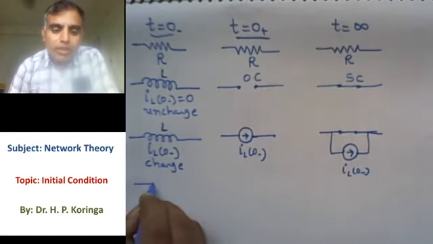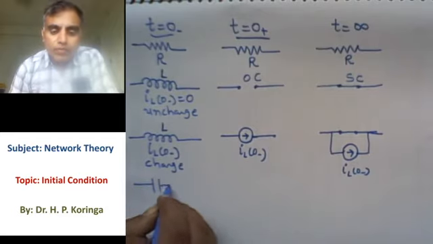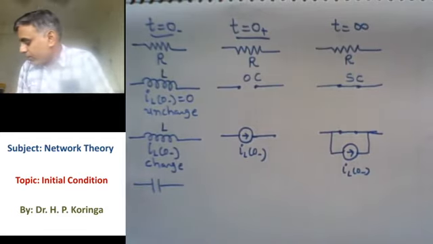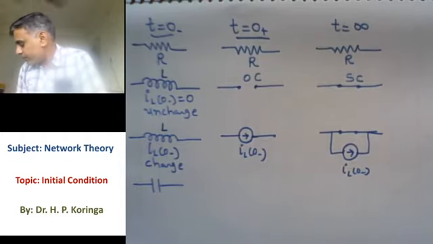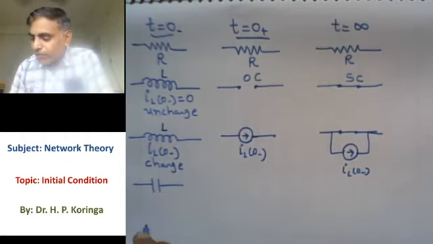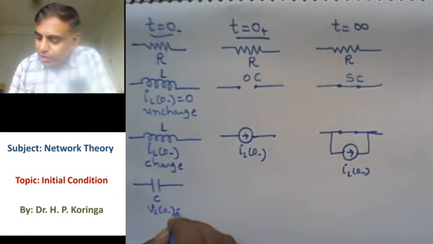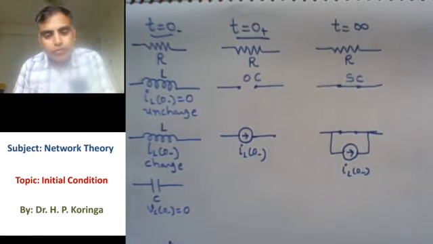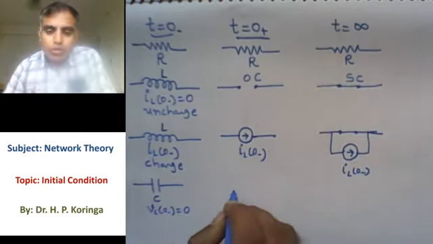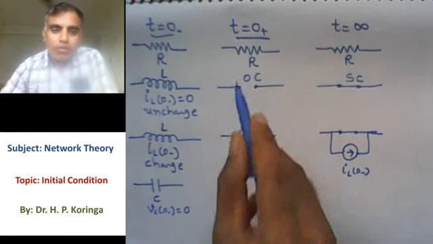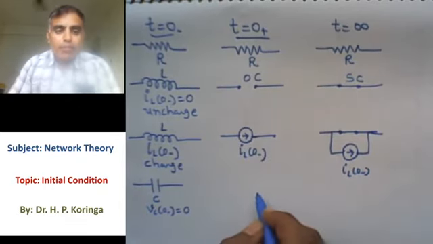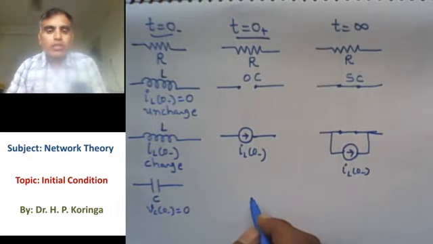Similarly for the capacitor, if any uncharged capacitor, meaning the voltage across the capacitor Vc of 0 minus is 0. So for an uncharged capacitor at t equal to 0 plus time, we know the capacitor does not allow an instant change in voltage.